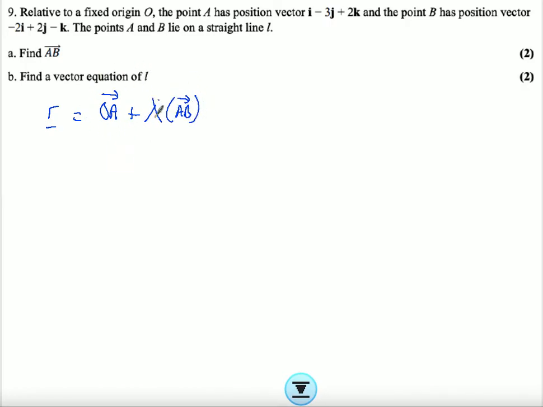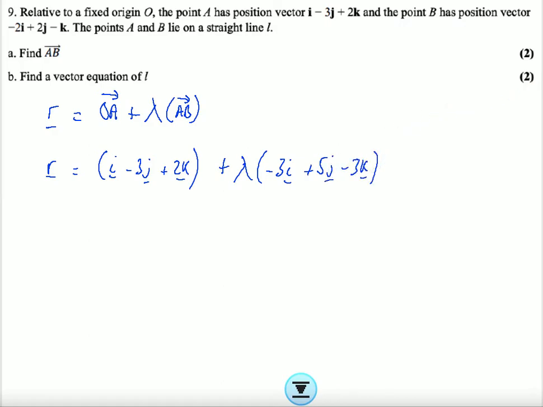So that's the general vector equation. So therefore r, OA was i subtract 3j plus 2k, plus lambda lots of AB, which is why we're asked to work out AB in the first part, 5j subtract 3k, wasn't it? Okay, done.